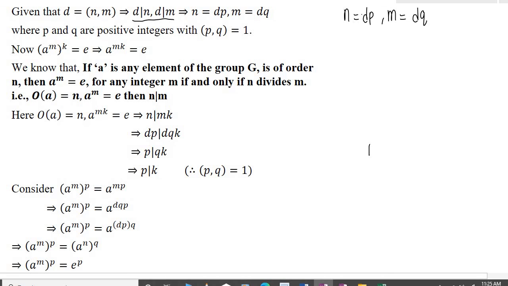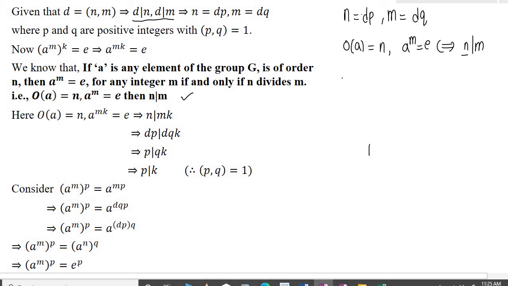A power m whole power k equal to E. This equation we already have at the starting only. That is A power mk equal to E. So, this is the theorem which you already know. The theorem statement is: order of an element of G is n and A power m equal to E if and only if n divides m. That means n is the order, m is the power.